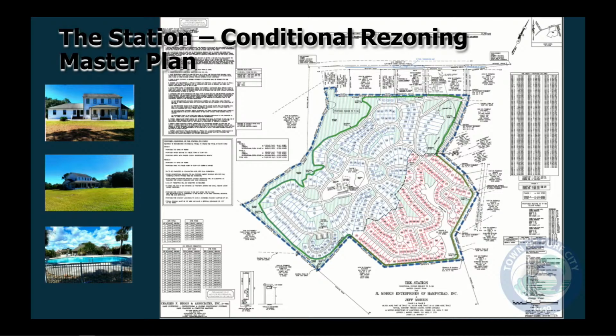Before you on the screen is the concept plan, master plan for the conditional rezoning. Again, it identifies 417 RV campground sites. This is approximately a fourth of what they could do under the current ordinance. The current ordinance allows 20 sites per acre, and they're only proposing 417.